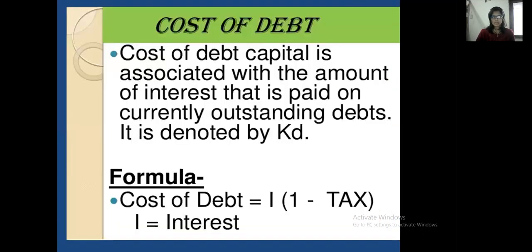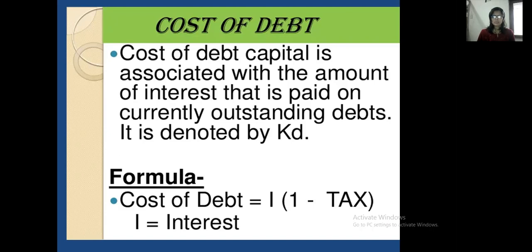These are the methods. Now next is cost of debt. Now what is cost of debt? Actually, cost means the expenses which we have to bear, and debt is considered a liability for us because we have to pay it after a particular period of time.